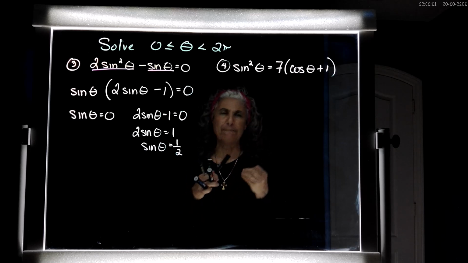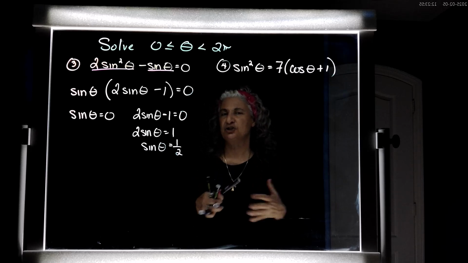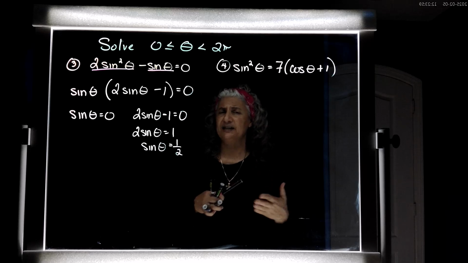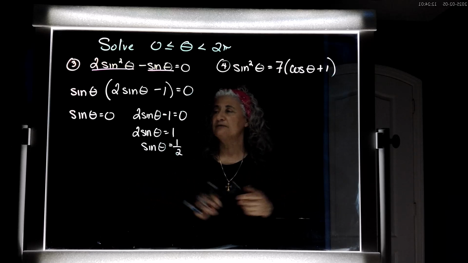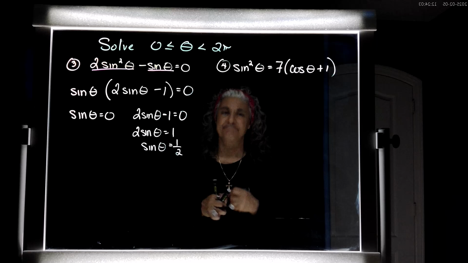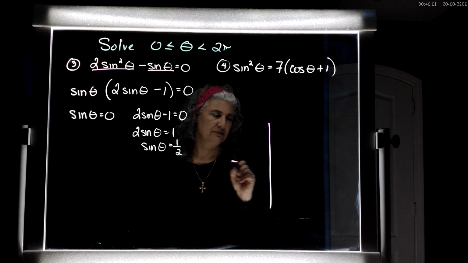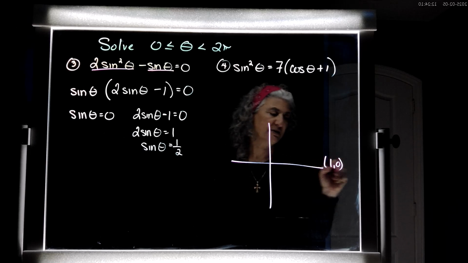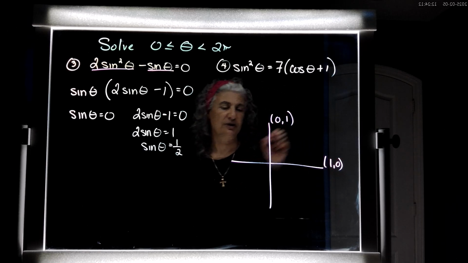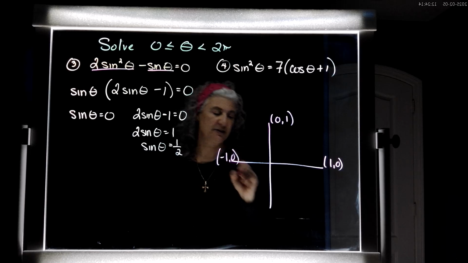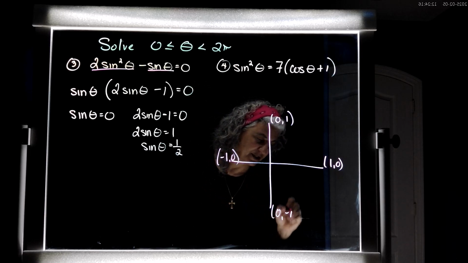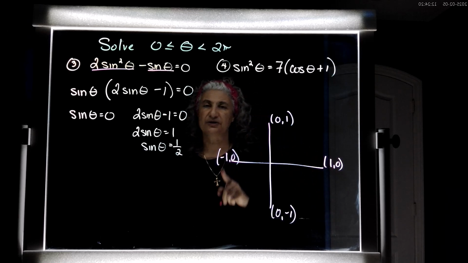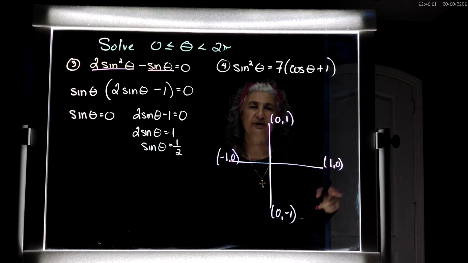Is that number on the 30, 60, 90 triangle? Nope. Is it on the 45, 45, 90 degree triangle? Nope. Is it on the unit circle? Yep. So, quick refresher, right? This is 1, 0, 0, 1, negative 1, 0, and then 0, negative 1, right? 0 degrees, 90 degrees, 180 degrees, 270 degrees, and back again.